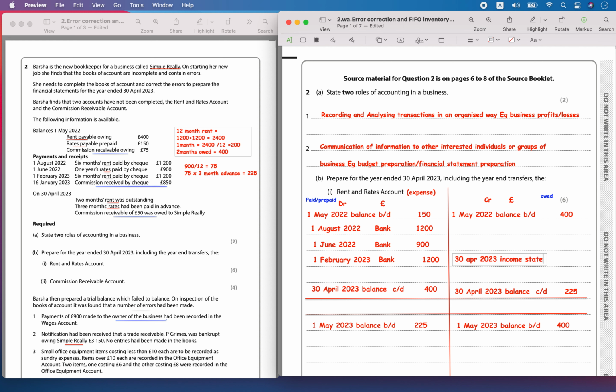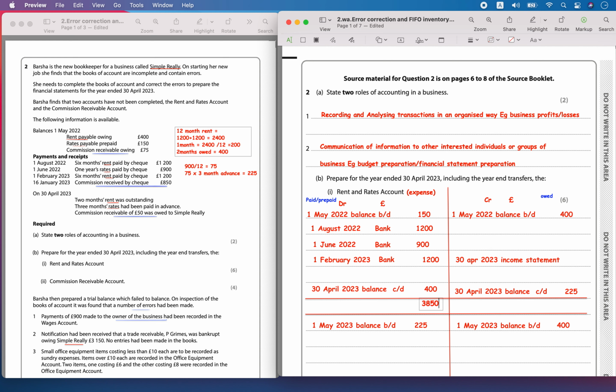So income statement will be equal to, we have to add up first. Let's add up 150 plus 900 plus 1200 plus 1200 plus 400. All this added together is going to give me 3850.